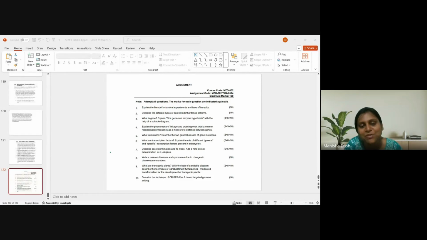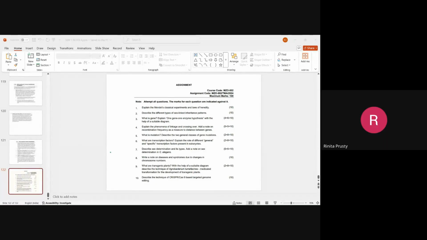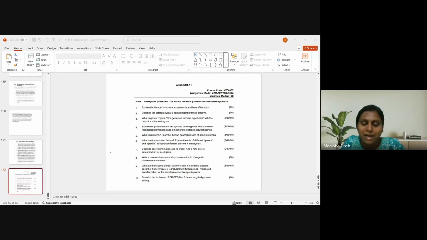I will suggest you go for a schematic way of presentation. Whatever you write in text, if you can summarize it in the form of a schematic diagram, that is a much better way of representing your answer. Of course, for 2 marks you need not do the diagrams. But if there is something like a flow chart, like this is forming this and this will lead to formation of this, then you can represent that in the form of a flow chart.